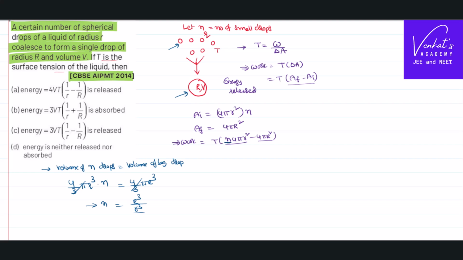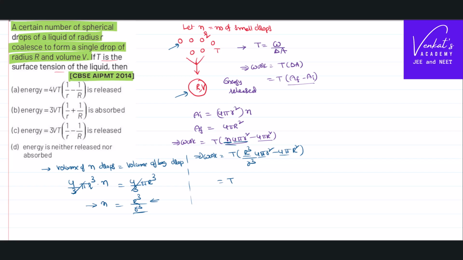Let us substitute this n value in the equation. That implies work done, equal to energy released, equals T, in the place of n, R cube by r cube, times 4 pi r square minus 4 pi R square. Now, T is common, and 4 pi is common.